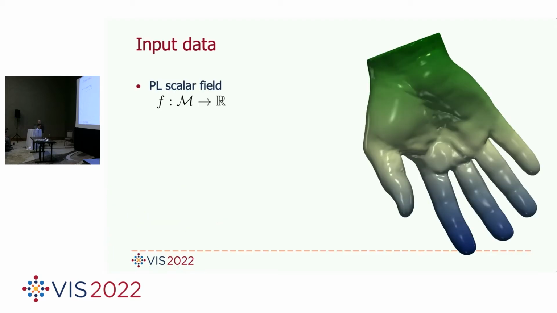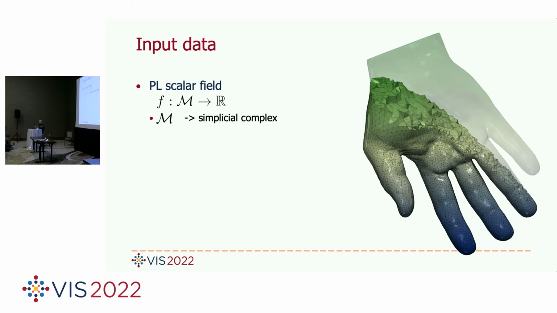It's worthwhile to start out quickly and talk about the data modality that we're working with. We're basically modeling all of our scalar fields as PL, or piecewise linear, scalar fields. So again, we still have functions on some manifold where at every point we have some scalar value. But here, I'm being specific about the manifold itself. I'm calling the manifold a simplicial complex, a collection of triangles and tetrahedra, simplices, that store and encode each small subregion of the data set itself.